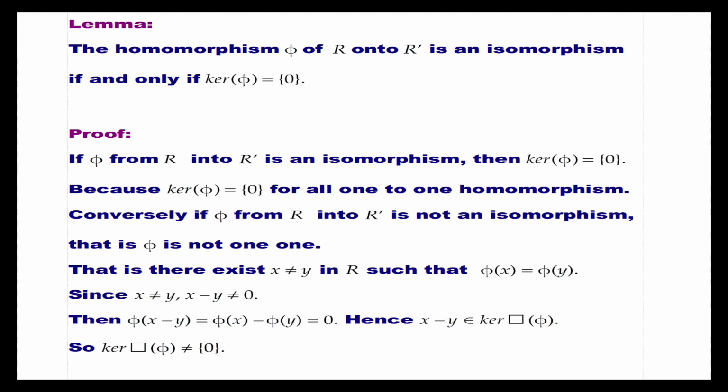Since x not equal to y, x minus y is not equal to 0. Then phi of x minus y equal to phi of x minus phi of y equal to 0. Hence, x minus y belongs to kernel of phi. So, kernel of phi not equal to singleton 0.